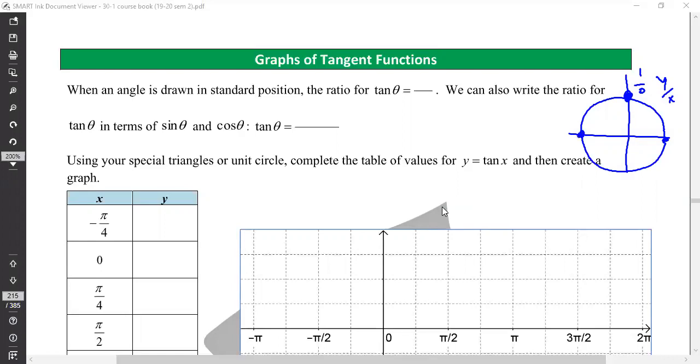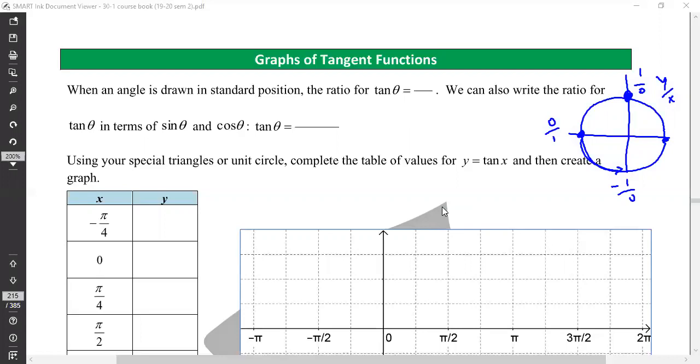When we get to 180 degrees or pi, then y over x becomes 0 over 1. So tangent is just 0 there. But then when we get down to 270 degrees or 3 pi over 2, then our y over x is -1 divided by 0, which is negative infinity. And so it's undefined there.